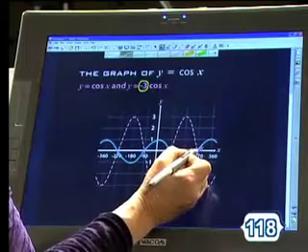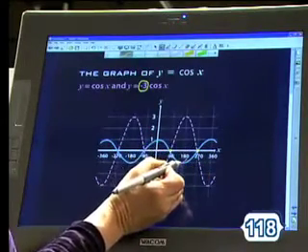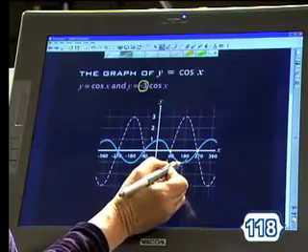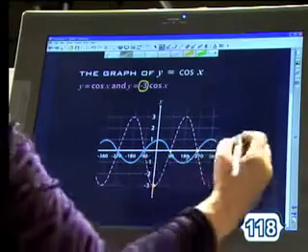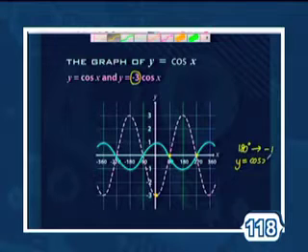Here it was 270, and it's going to stay there. But can you see that at 180, it was at -1 in our normal cos graph.